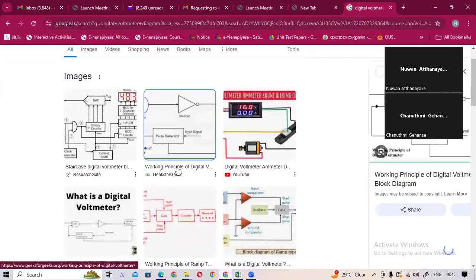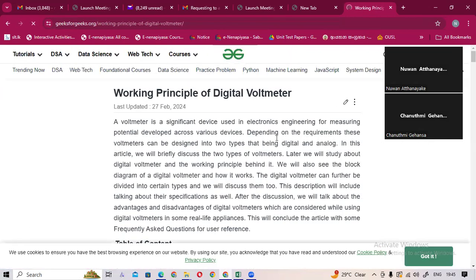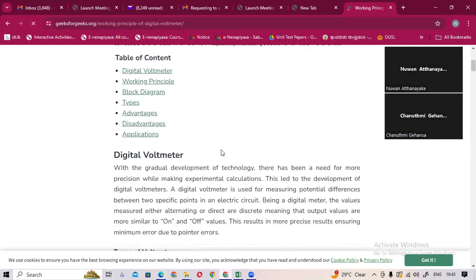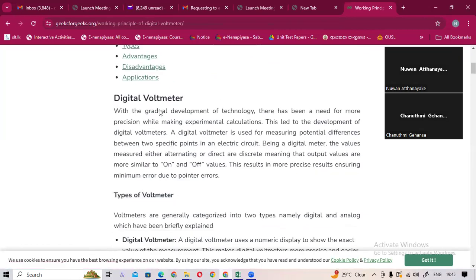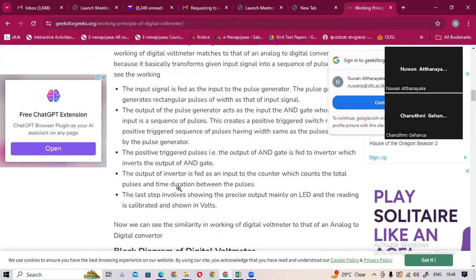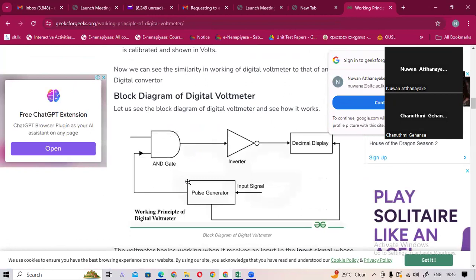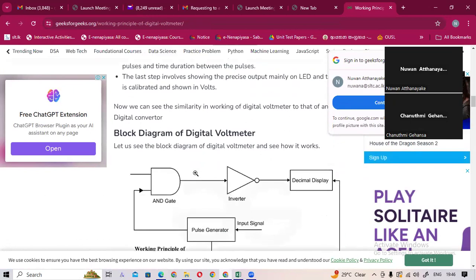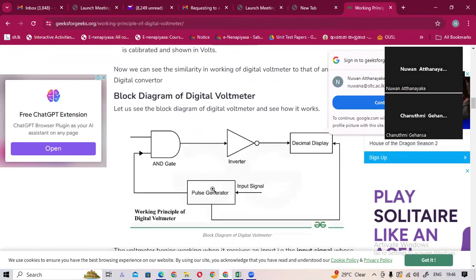This side. Okay. So you can see that there are very comprehensive things there. Okay. So this is actually the common block diagram of a digital voltmeter.